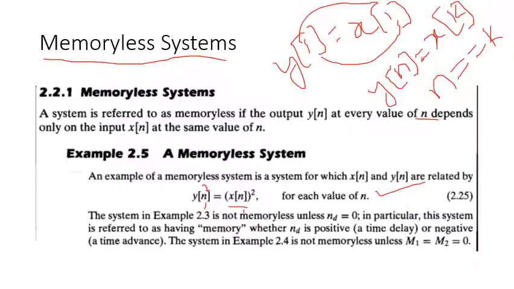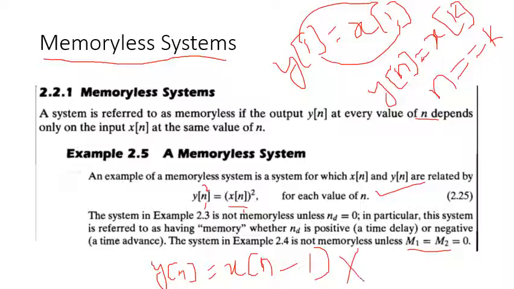But what about the moving average system or the ideal delay system? The ideal delay system is y of n equal to x of n minus nd, let's say we are taking nd as 1.